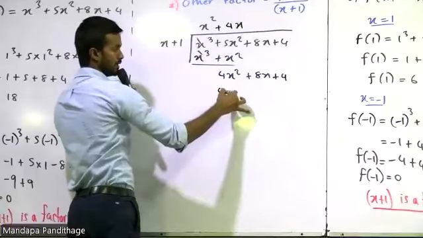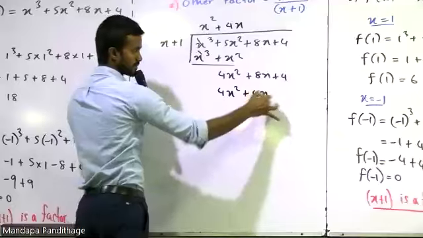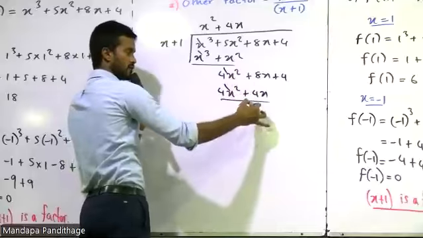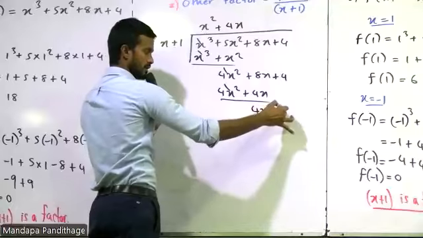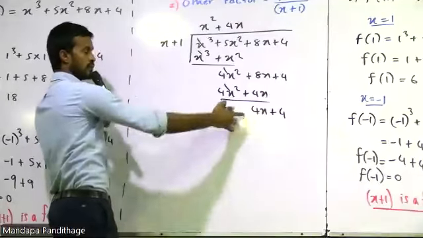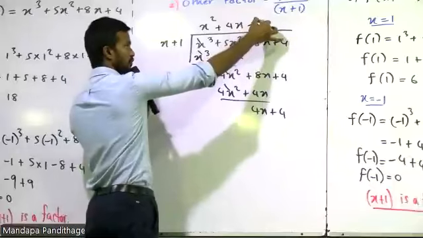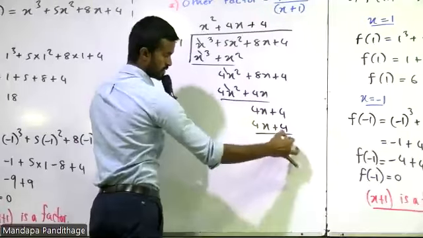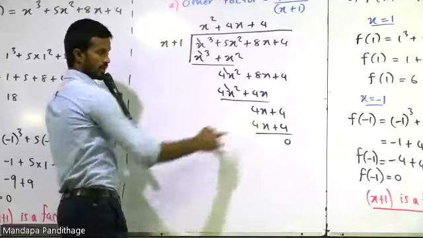When you multiply, it's 4x squared plus 4x. These two cancel off. 8x minus 4x is 4x. Plus this comes down 4. So when you divide 4x by x, you get 4. Now multiply, it's 4x plus 4. So it's 0. You get the remainder as 0.